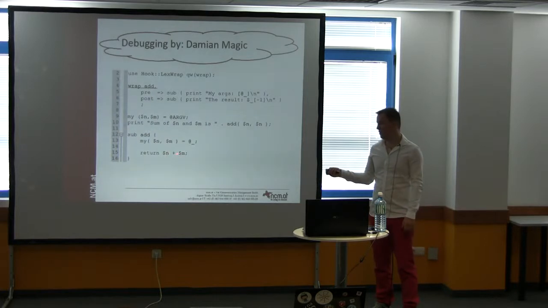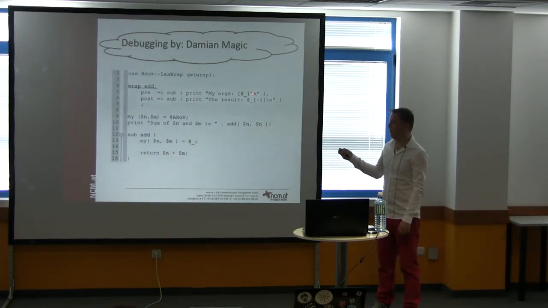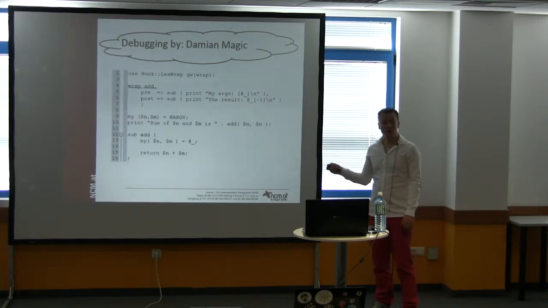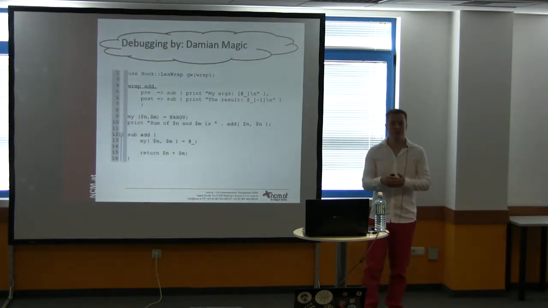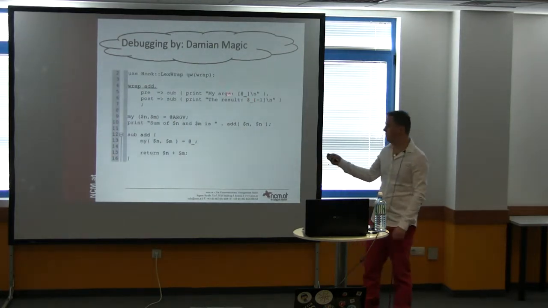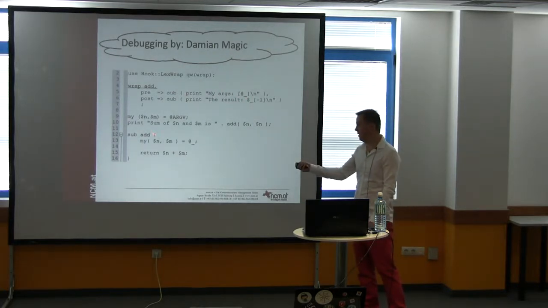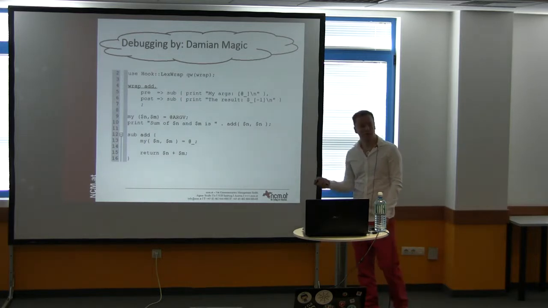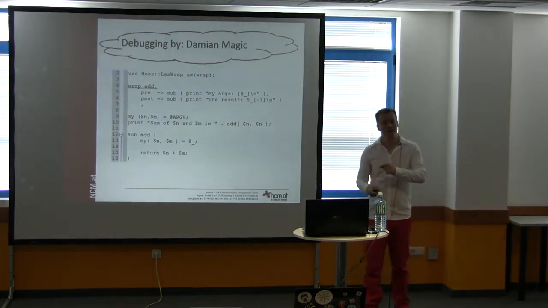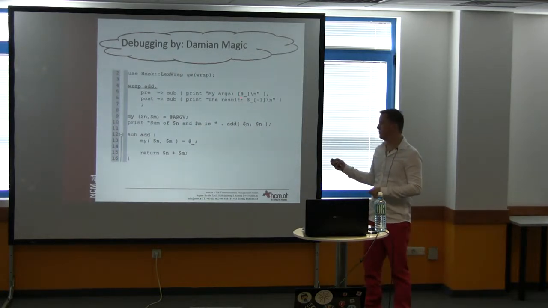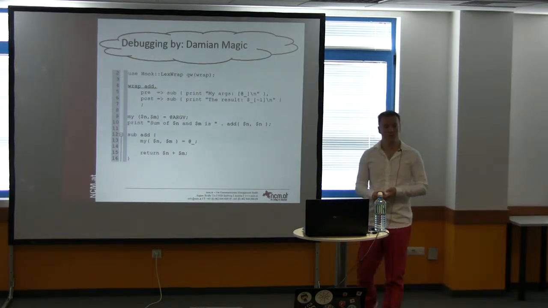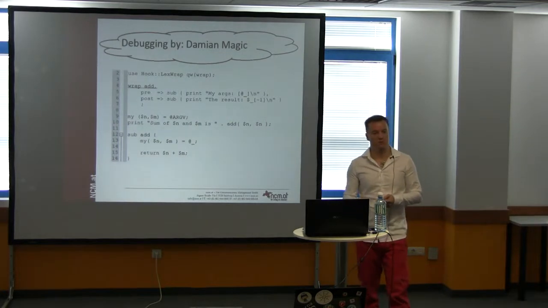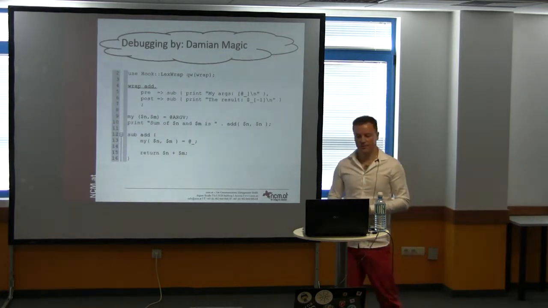So before calling this add subroutine, this is going to be called. Especially when you're not really allowed to go into this piece of code and change it just for testing, you could use this module and wrap it around it. It can be very useful, especially when you're working with code that is not written by yourself.